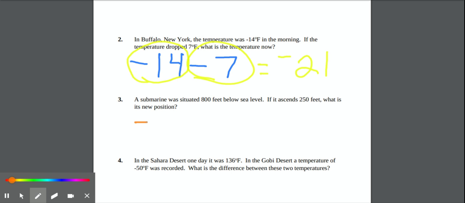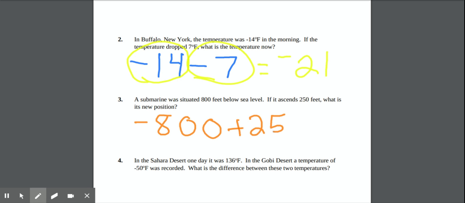So below sea level is negative 800. That's where it started. It ascends. Ascend means to go up. So up, plus 250. It ascends. It's up.